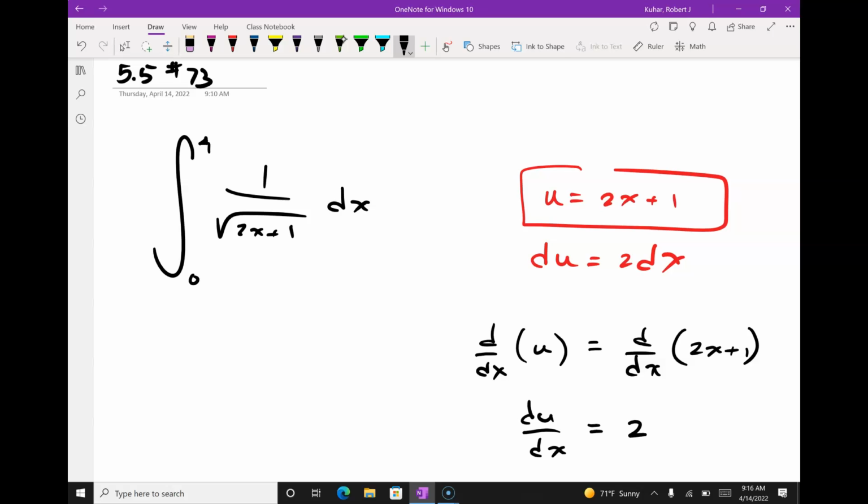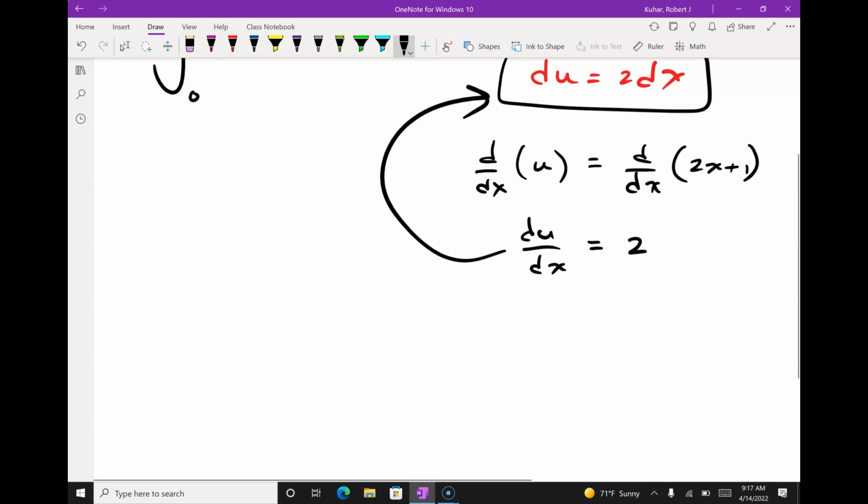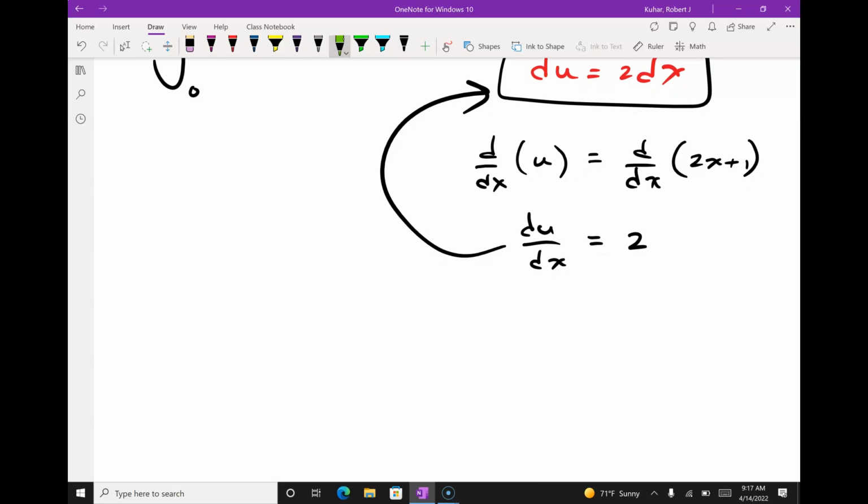Now, you can kind of see that I do what to get here? Cross multiply, but this du dx is separable. So I really can think of it that way, but that's not actually what's happening. What I'm doing on both sides is kind of saying, just take the derivative of what's there with respect to what's there.